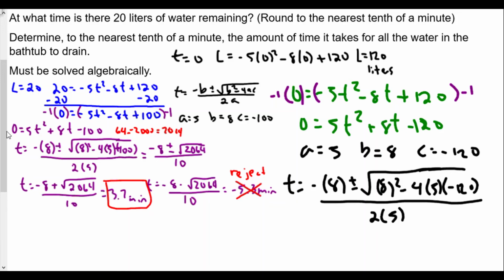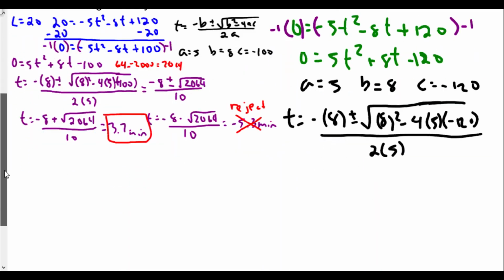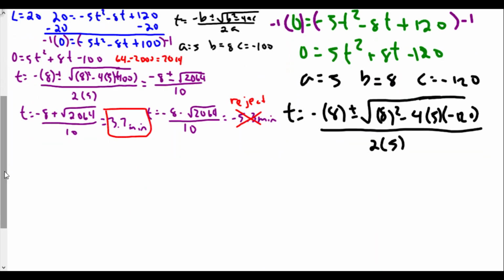All right. And so for this part here, we still get 64. So remember the 64. And 4 times 5 is still 20. And now 20 times 120 is going to be 2400. So minus negative 2400 means your inside number is 2464.